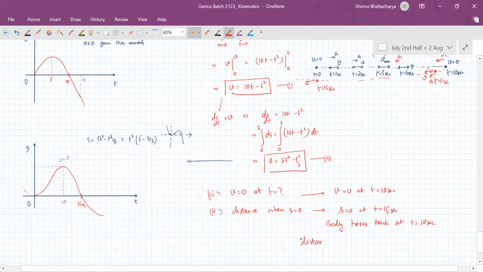The distance traveled from 0 to 15 seconds will be the displacement from 0 to 10 plus the magnitude of the displacement from 10 to 15, because from 10 to 15 the displacement is a negative quantity. And actually that will just become double of this one because it's coming back the same distance. So what you need to do is find this value of displacement, s at 10.